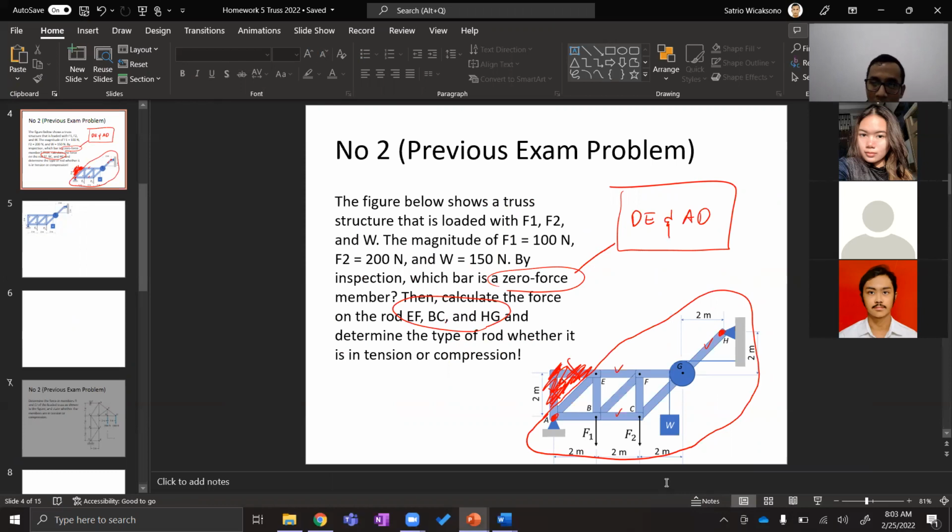As usual, we will not be able to solve this without solving the external forces first. This is the kind of problem where we normally do the section method, instead of doing the joint method one by one.